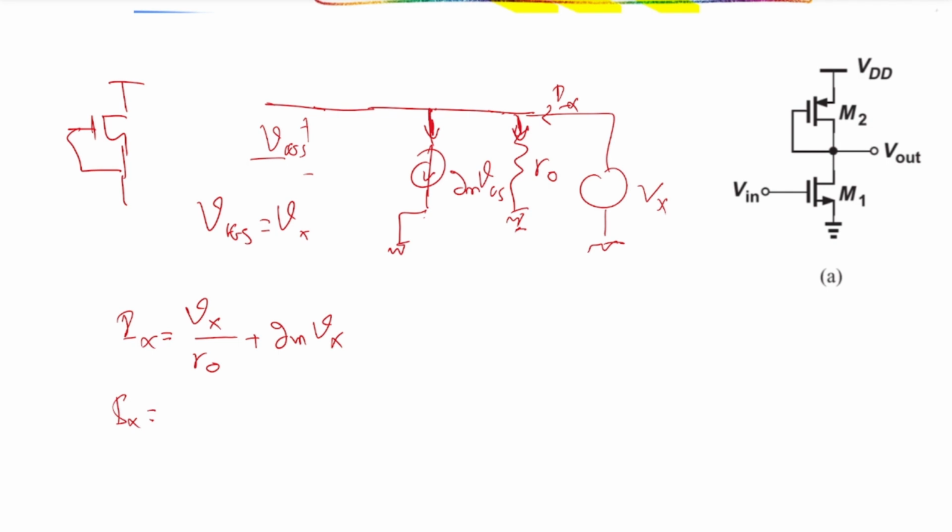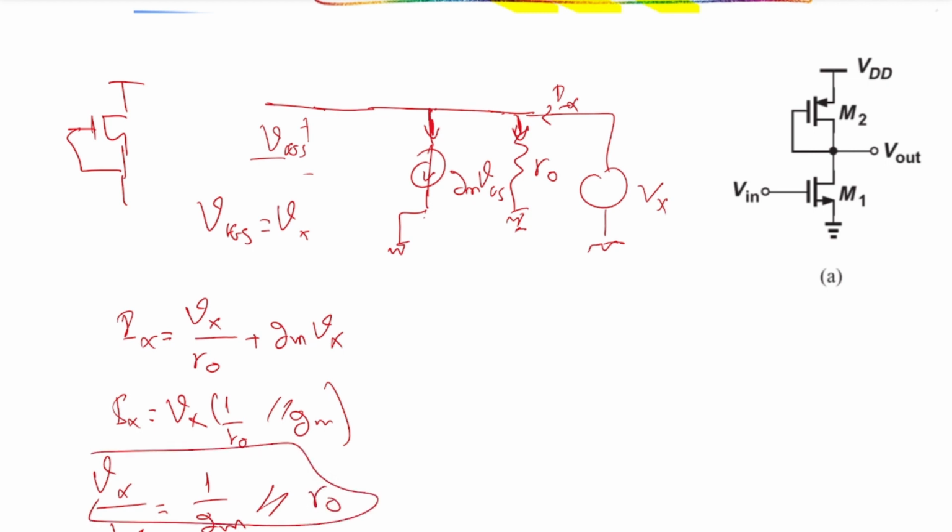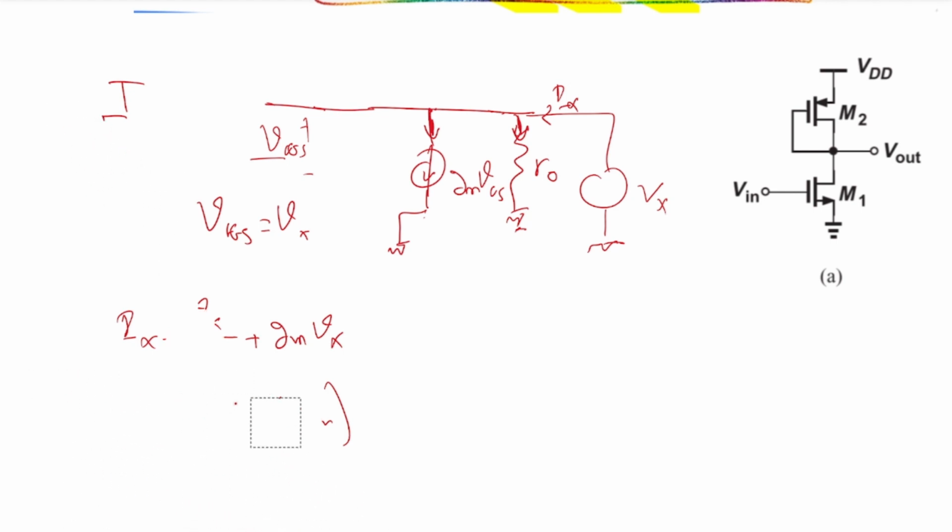So Ix is equal to Vx times 1 over r_o in parallel with gm. So Vx over Ix, when we flip it, will become 1 over gm in parallel with r_o. So this is the output impedance of the diode connected device. This is just a reminder, because we need it a lot in this problem.